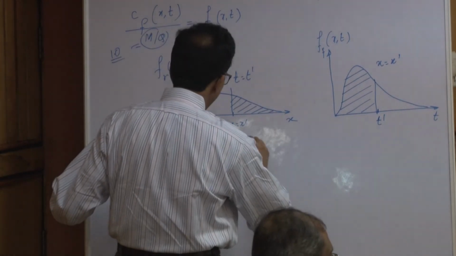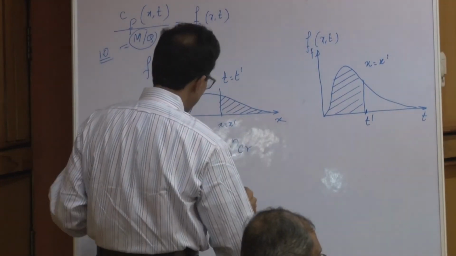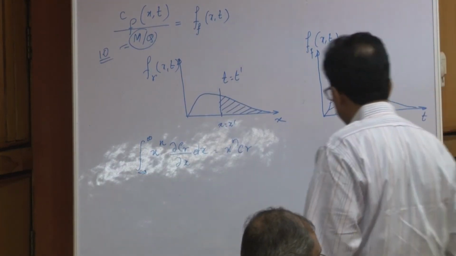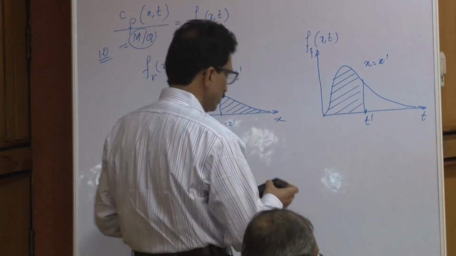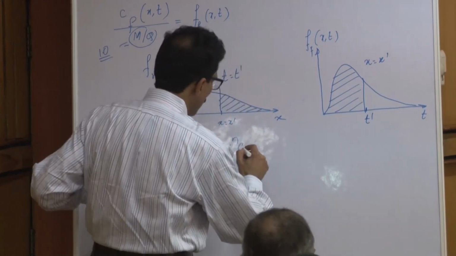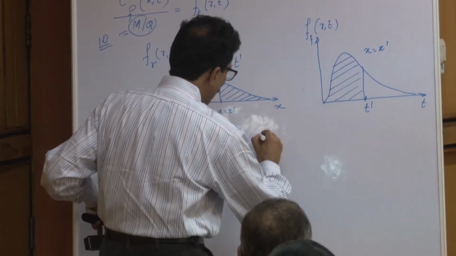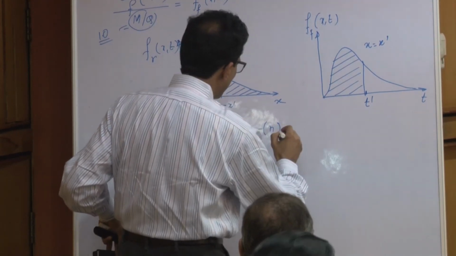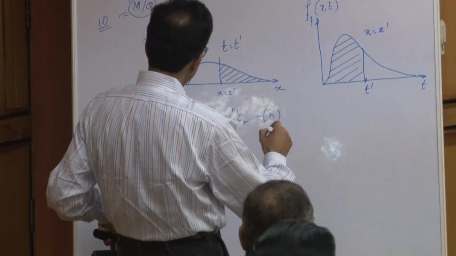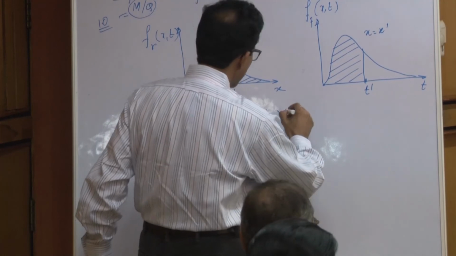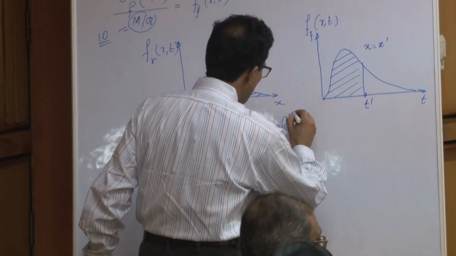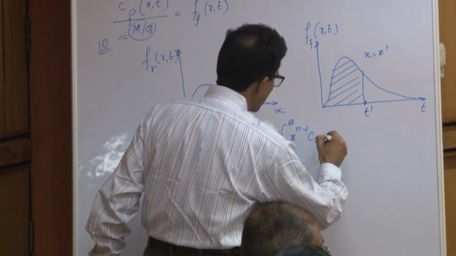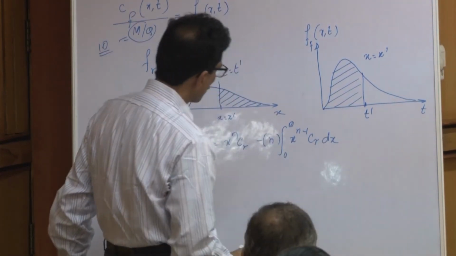So this will be x to the power of n c sub r, minus n times the integral of x to the power of n minus 1 c sub r dx.